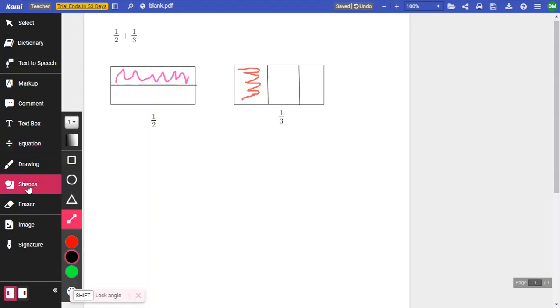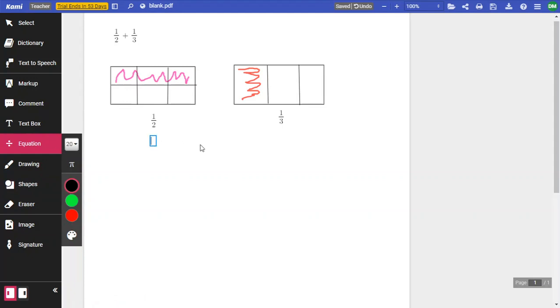Now watch this though. I'm going to turn this same box with the half in it into thirds. So now I've got halves and thirds, and notice I've got 6 boxes. So now instead of having 1/2, I have 3/6.